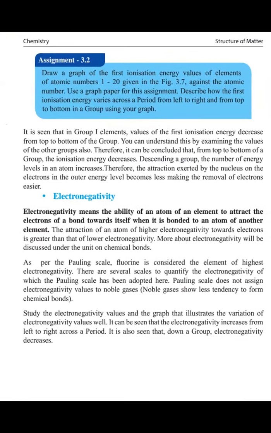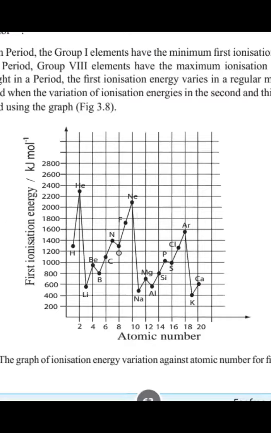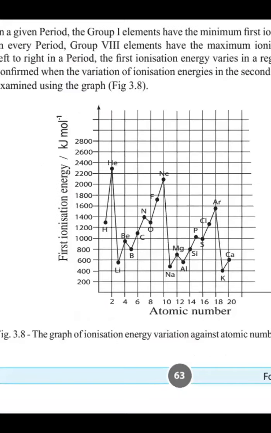Now there are important details. Group 1 elements, the first ionization energy decreases from top to bottom of the group. That is also a clear observation from this. You can see that hydrogen to helium, first ionization energy drops.